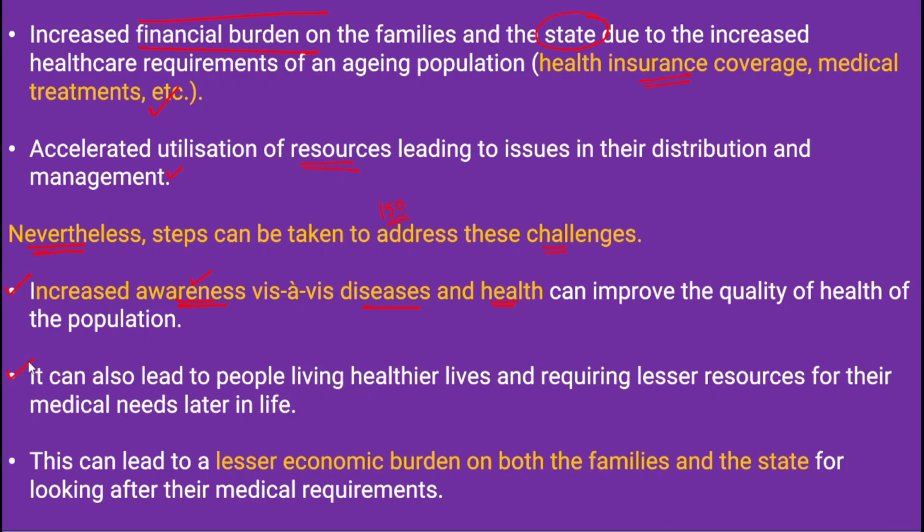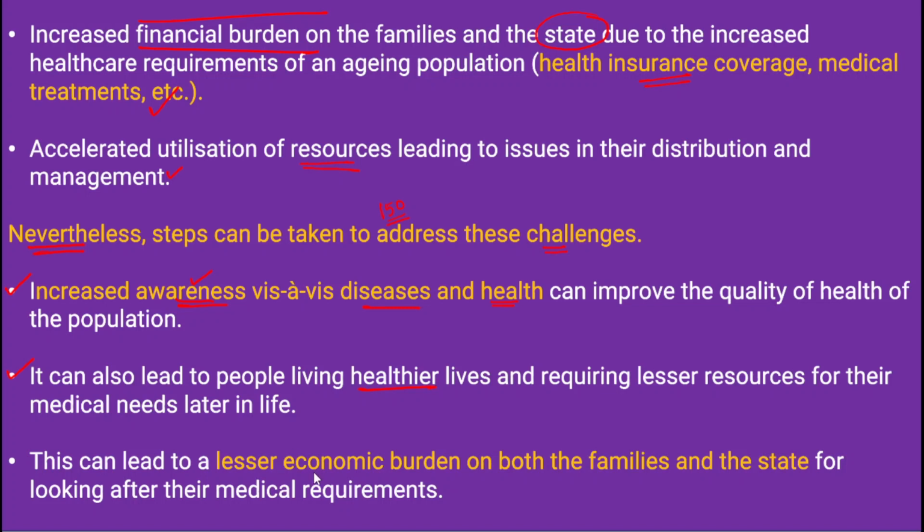Now after that, for example, there are people who live healthier lives, and they require fewer resources and less medical care. So we need to focus on those people, and we need to encourage a healthy lifestyle as well.